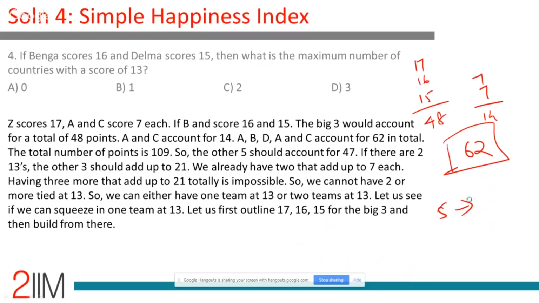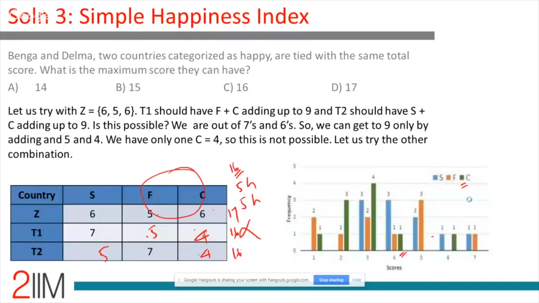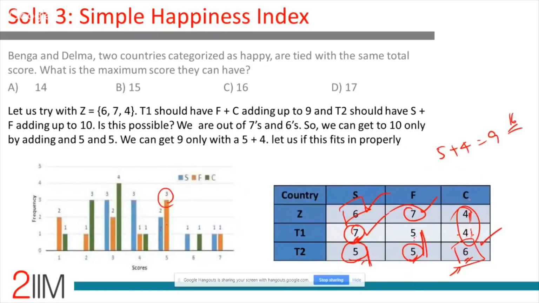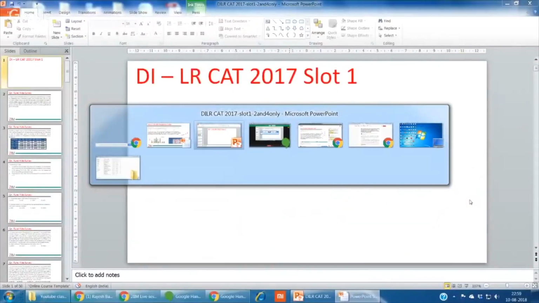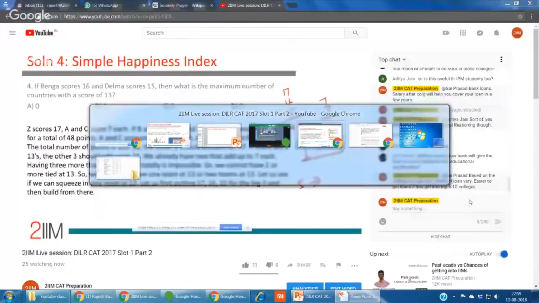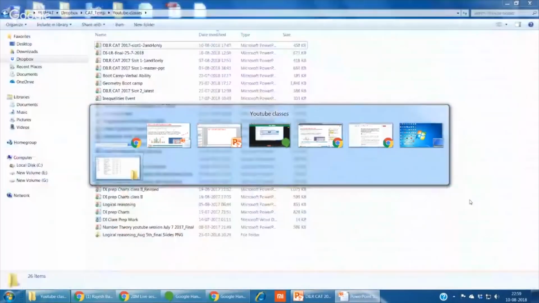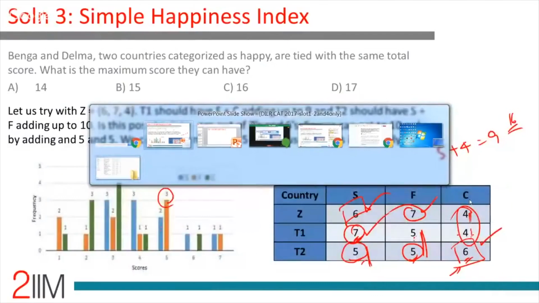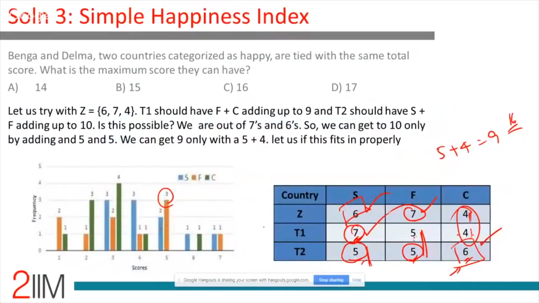So let's add up the total number of points from our grid here. So this is 3.